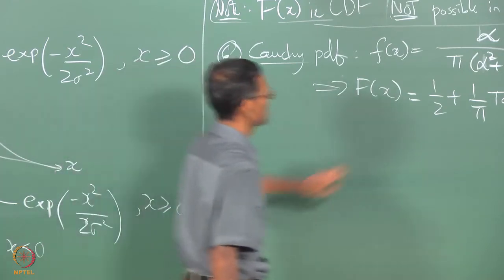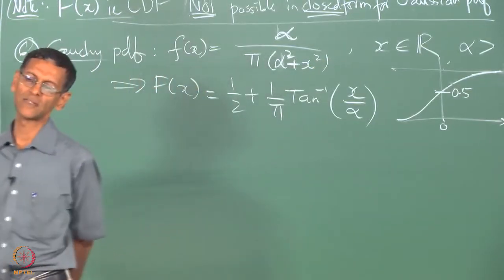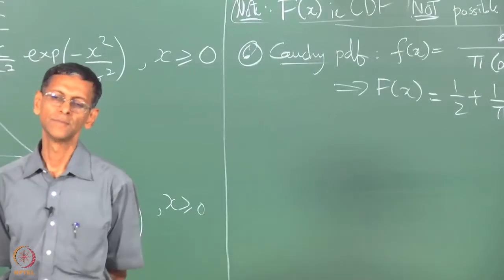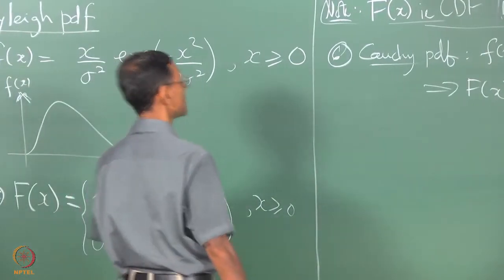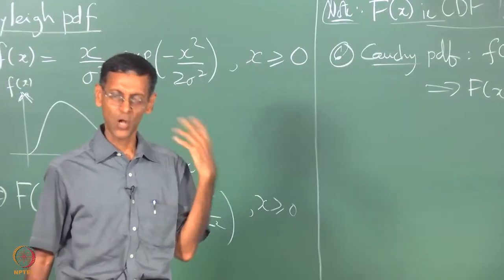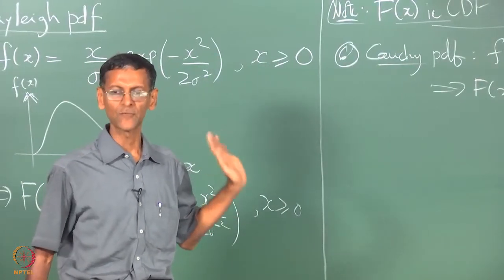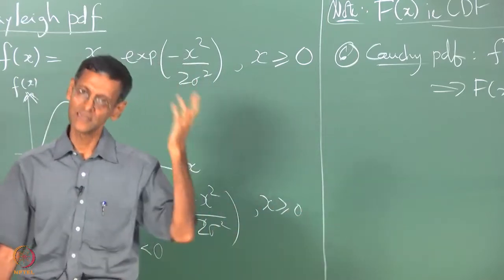So this x squared is almost like the smallest power of x in the denominator that is required for having a finite area. As a consequence of this x squared, we will see later on that this Cauchy PDF has no moments, not even the first moment if you look at the careful definition of the first moment, whereas the Gaussian PDF has every single moment.